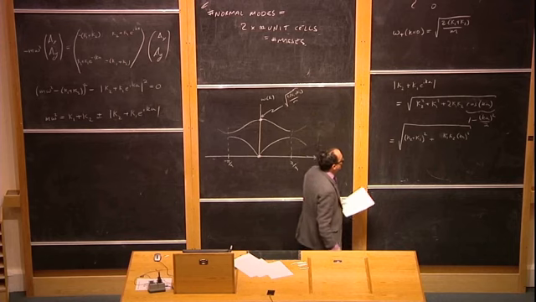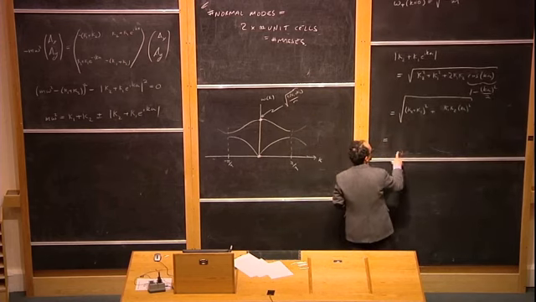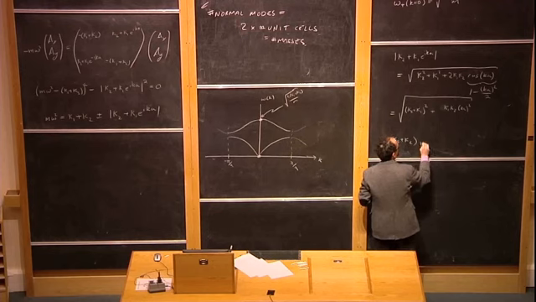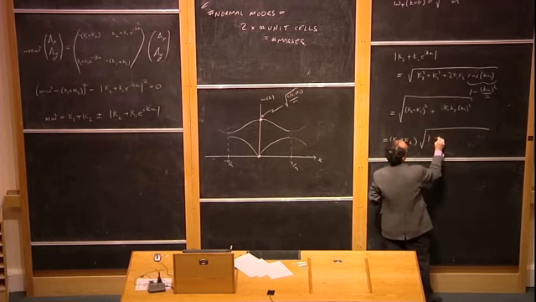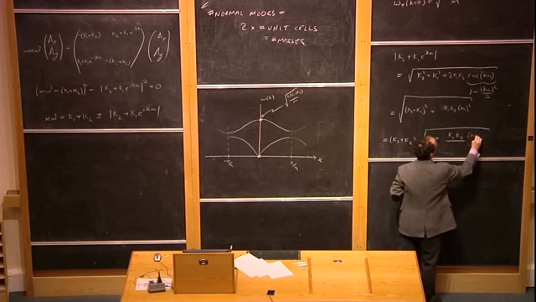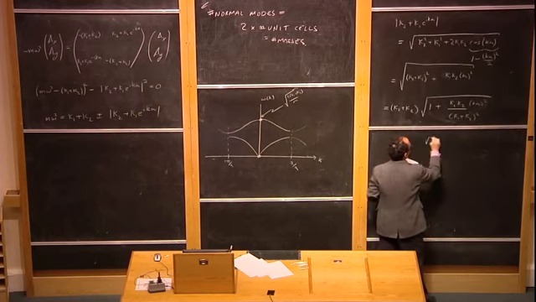Then this conveniently factors out to give kappa 2 plus kappa 1 times the square root of 1 plus kappa 1 kappa 2 ka squared over (kappa 1 plus kappa 2) squared. And if you remember, the square root of 1 plus x, oops, did I get a sign wrong?